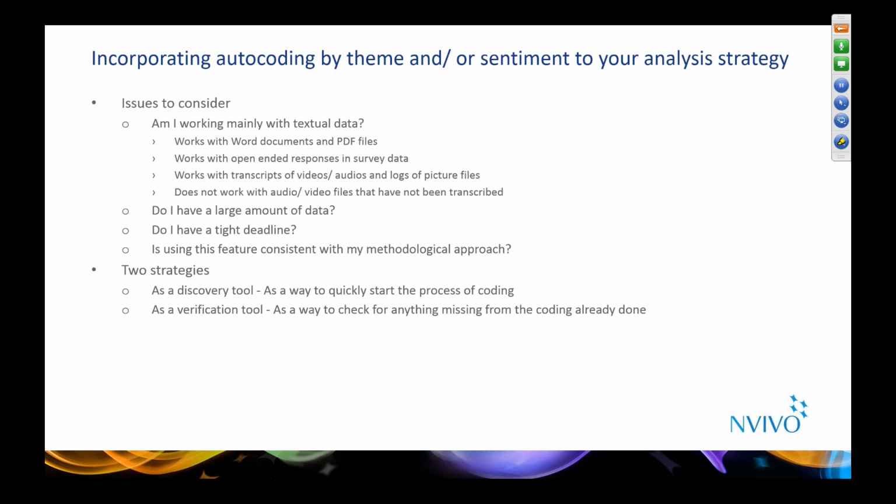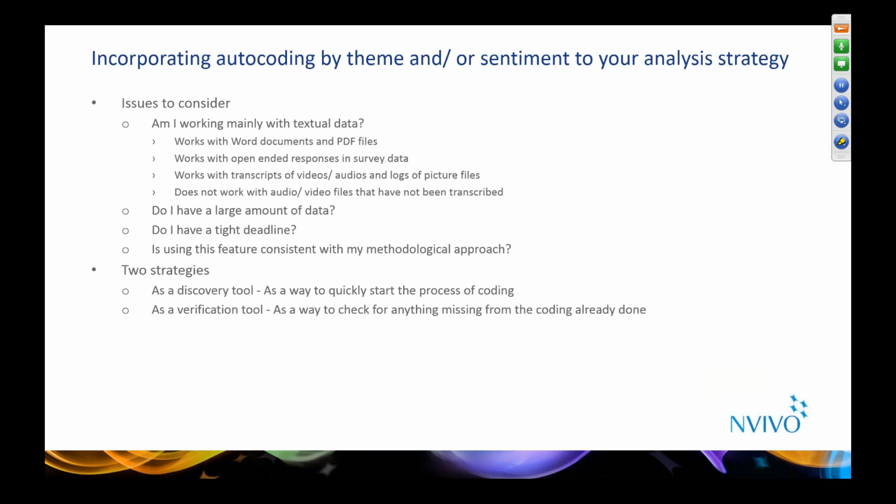So it works with Word documents and PDF files. It works with the open-ended responses in survey data. It works with the transcripts of videos and audios and the logs of picture files that you might have in NVivo. And of course, it can't work with audio and video files that haven't been transcribed, because what it's doing is just dealing with text.